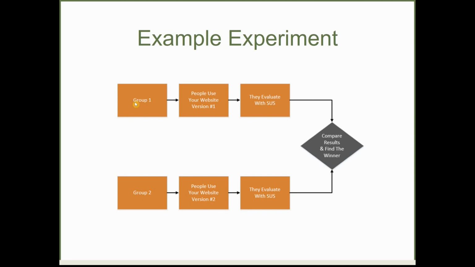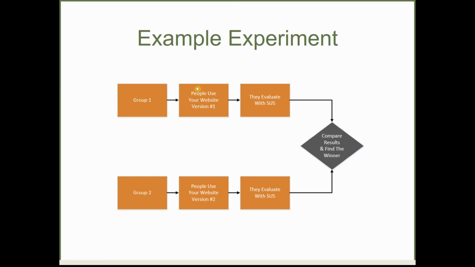If this group has 5 people, the other group also has to have 5, and if all 5 of these people are of a certain age, then the other 5 people also have to be the same age. If you have this matching of the two groups, then it's called pairwise matched groups. So these groups could be different, the same, or pairwise matched.